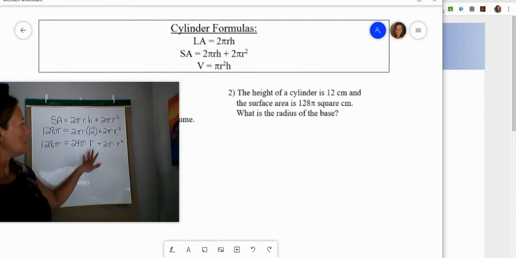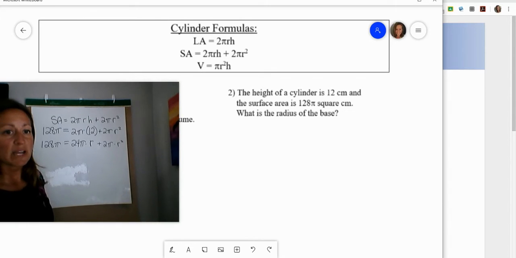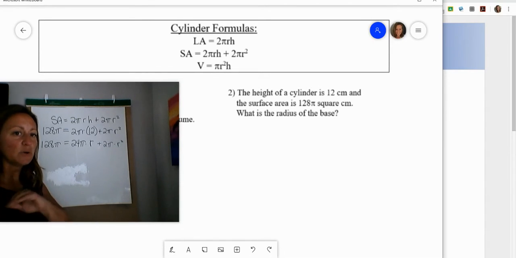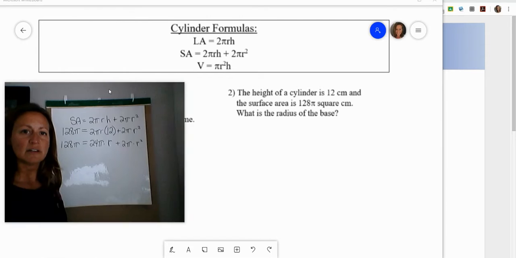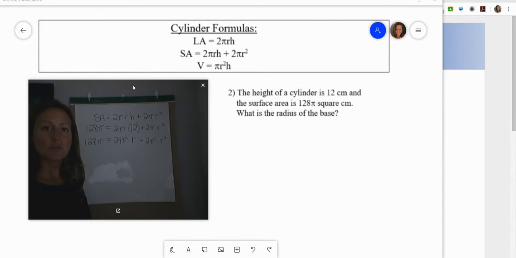Now, in order to get R a little closer to being by itself, I'm going to do a little trick where I divide the whole equation by something to get rid of some of the complexity. You can divide a whole equation by the same quantity and it's okay. Do you see a common factor that all the terms share? It's going to be 2 pi.